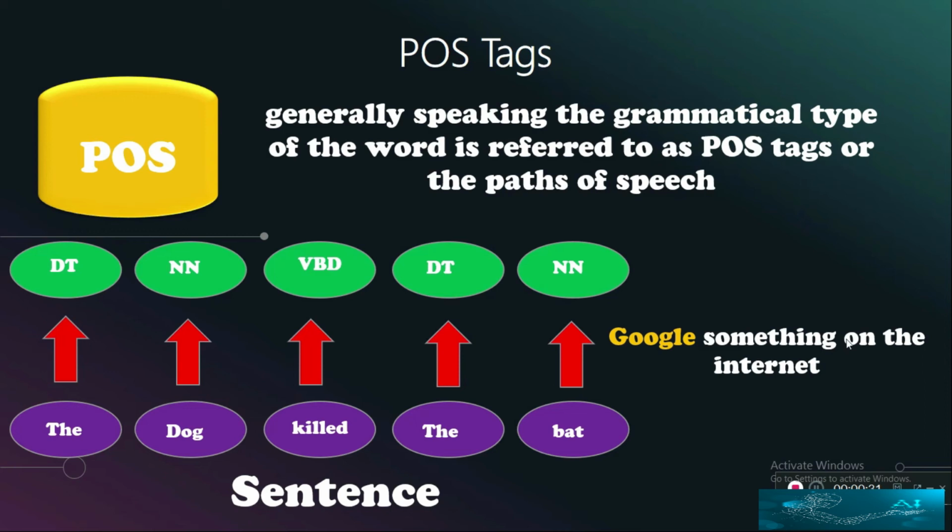A word can have more than one part of speech based on the context in which it is used. For example, let's take the sentence "Google something on the internet." Here, Google is used as a verb, and it can also be used as a proper noun. This is some of the problems that occur while processing natural language.